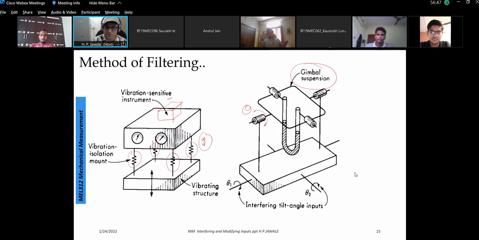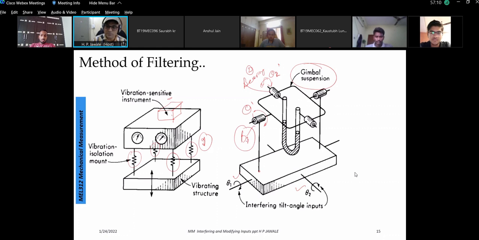I think it is given clearly, theta 1 and theta 2 is the input, and let us assume this as theta 1 dash and theta 2 dash, which are the movement at the gimbal bearing. Say this is bearing 1 and bearing 2, and this is bearing 1.